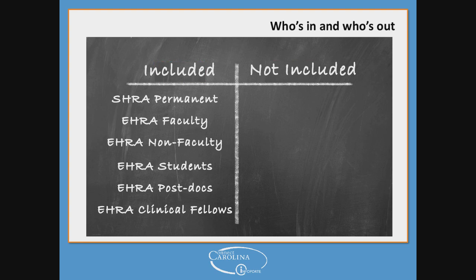I think most people just refer to the last 2 as postdocs and clinical fellows, but for our purposes today, I think it's important to note that they are EHRA for both of those.